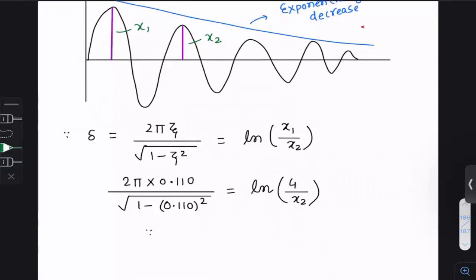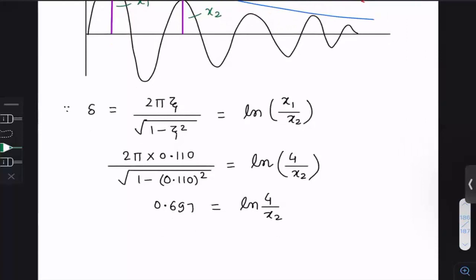Right. So once we solve, we are going to get the answer. This value we are going to get is 0.697. So ln 4 by x2 is 0.697, so e to the power of it gives 2, which equals 4 by x2.